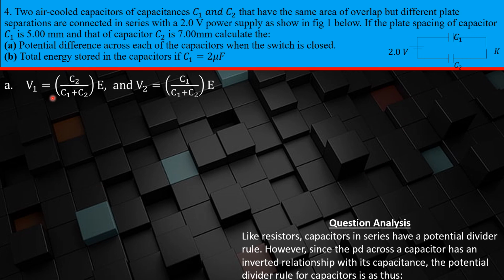The voltage dropped across C1 is V1 equals C2 divided by C1 plus C2 times E. Why? Because capacitance and voltage have inverted relationships. And the PD dropped across C2, which is V2, is rather C1, the capacitance of the other capacitor, divided by C1 plus C2 times E. So that's how the EMF is shared between those two capacitors.